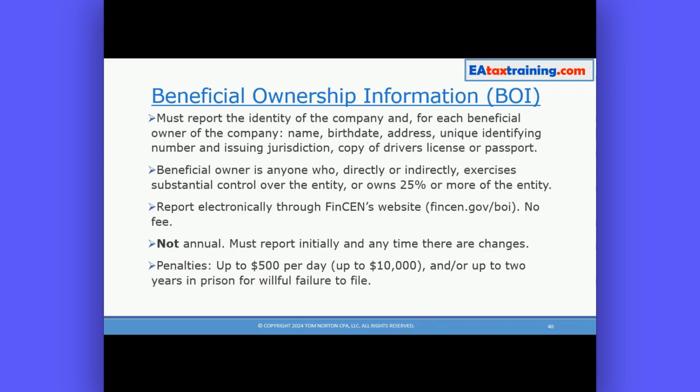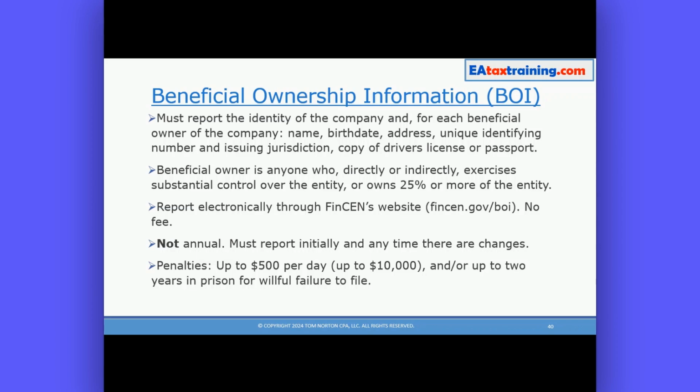So these businesses that have to file this, what they must do is they have to report the identity of the company itself or the entity itself. And for each beneficial owner of the company, their name, birth date, address, unique identifying number, which is basically their driver's license number or their passport number, and you have to provide a copy of the driver's license or passport.